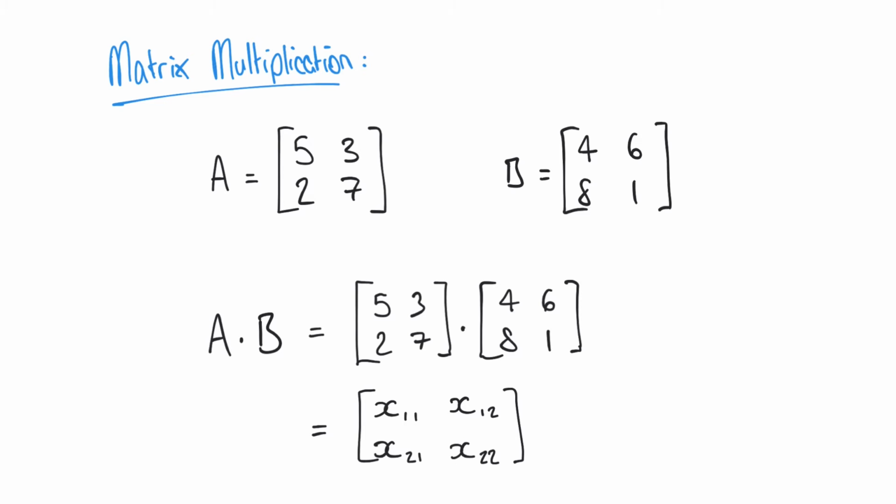Let's take the first top left value here, x11 that we've called it for now. Notice that x11 is in the first row and it's in the first column. So we're going to take the values from the first row of the first matrix and the first column of the second matrix.